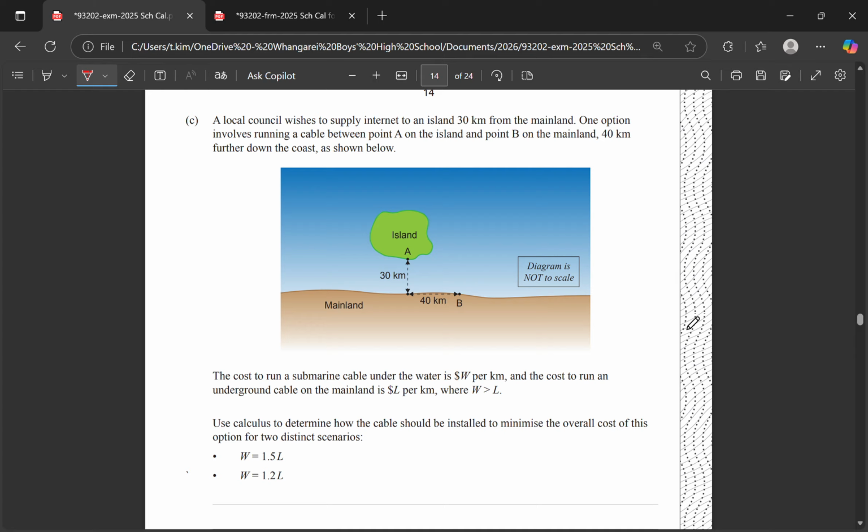Right, let's start. A local council wishes to supply internet to an island 30 kilometers from the mainland. One option involves running a cable between point A on the island and point B on the mainland, 40 kilometers further down the coast, as shown below.